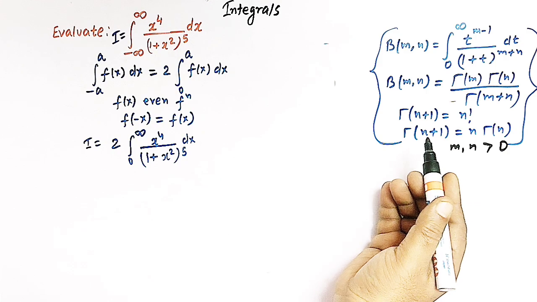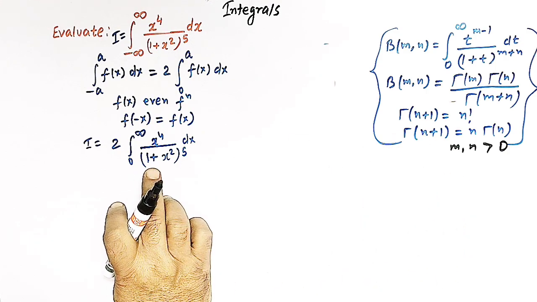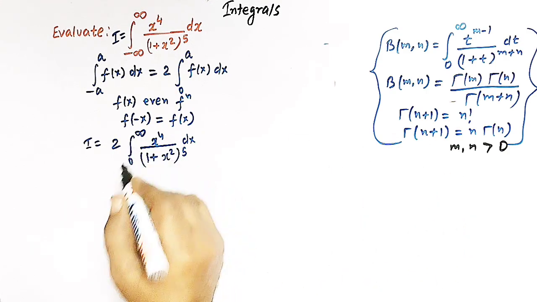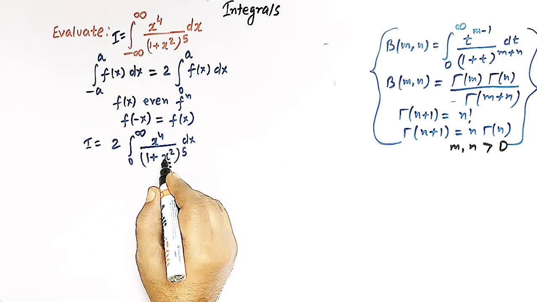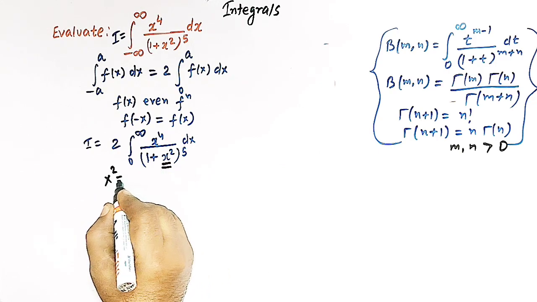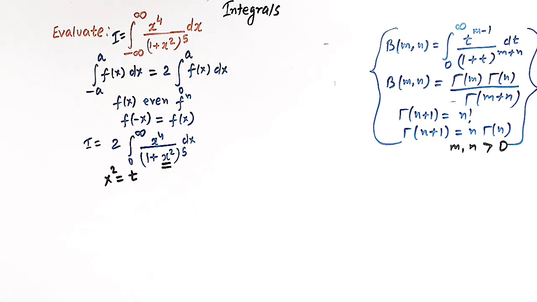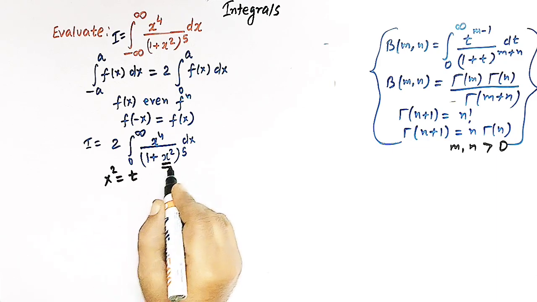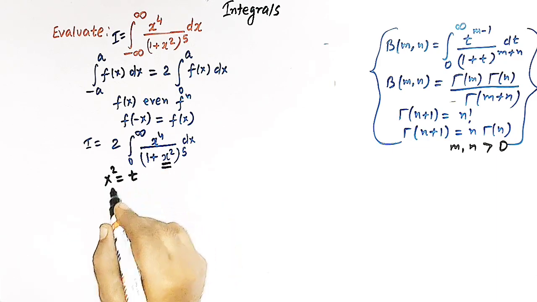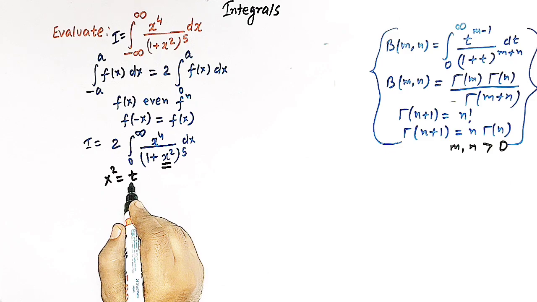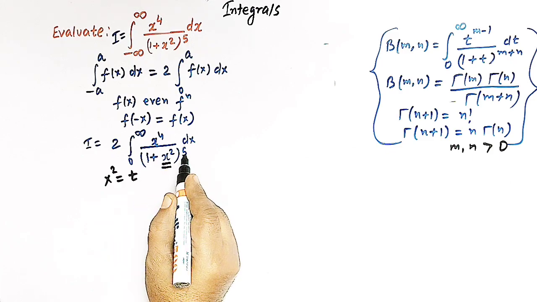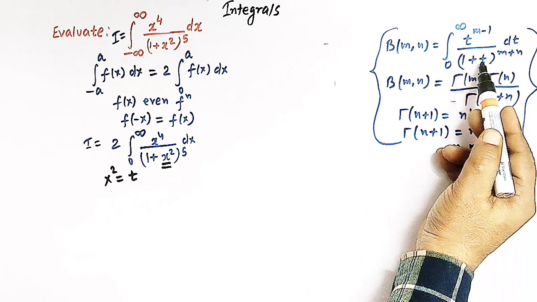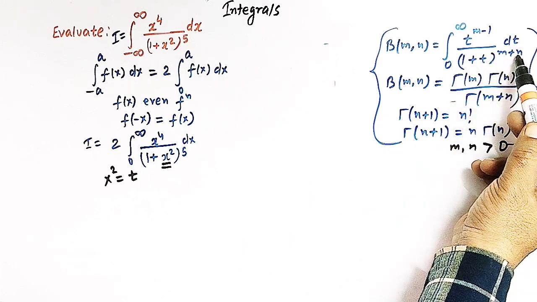Now let us come back to this integral, and we'll make use of the method of integration by substitution. Let us take x square equal to a variable t. It is important to note that we make this substitution because then we'll have (1 plus t) raised to 5, and here we have (1 plus t) raised to m plus n.